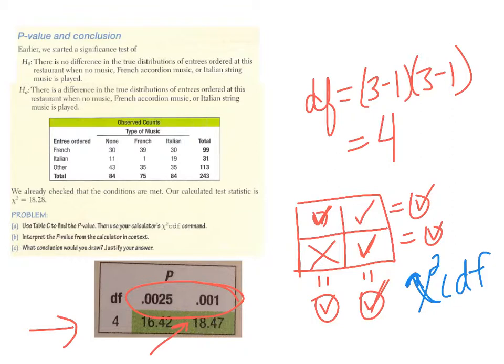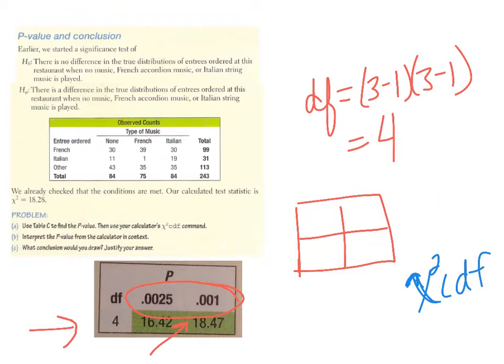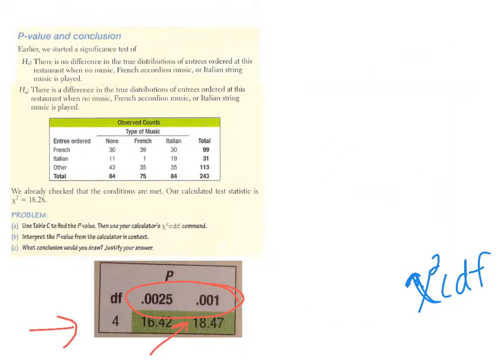If you had to write it out and show your work, you'd have your chi-square CDF, just like your normal CDF, right?